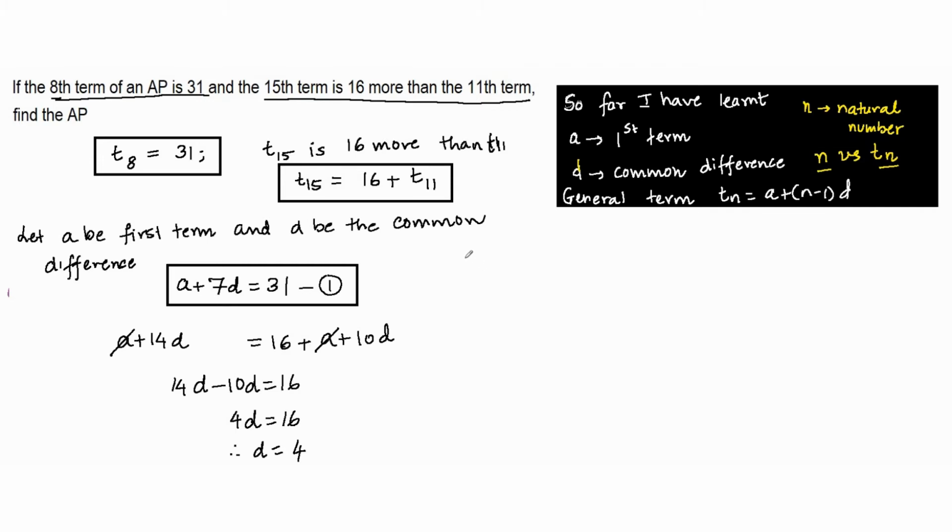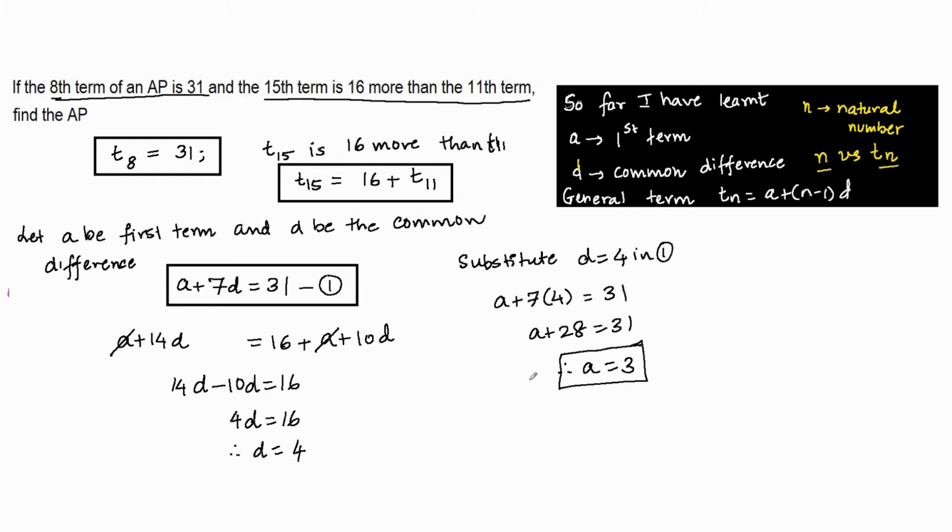Right? And now I can substitute D equals 4 in, say, the first equation. You will get A plus 7 times 4 is equal to 31, which means A plus 28 is 31, and therefore the value of A is equal to 3.